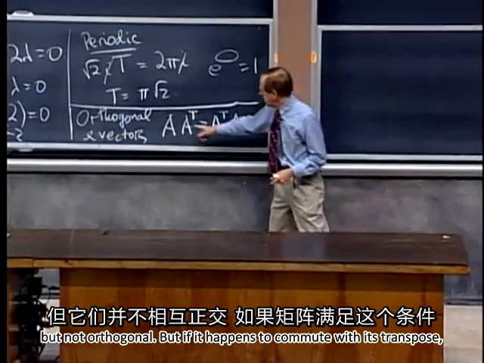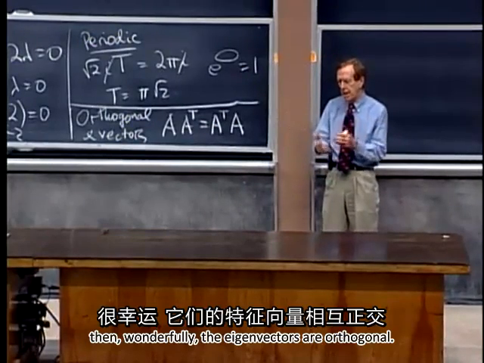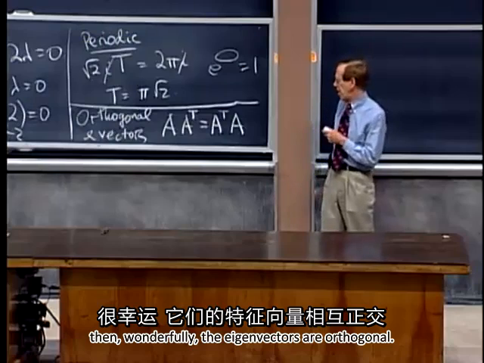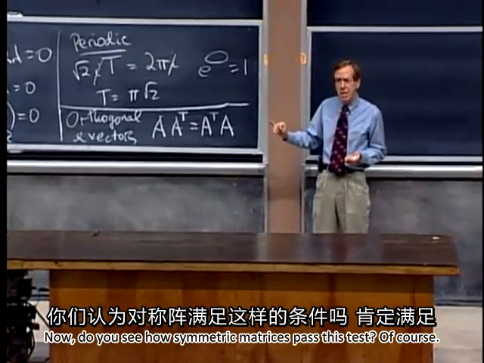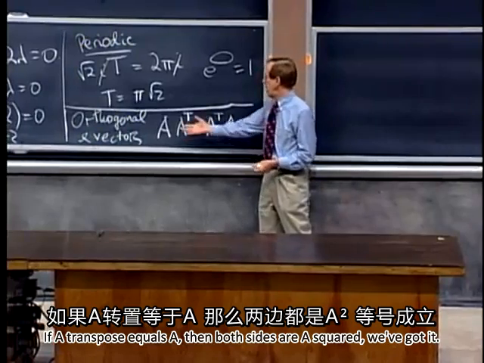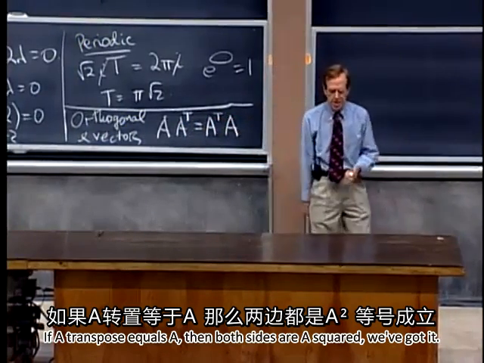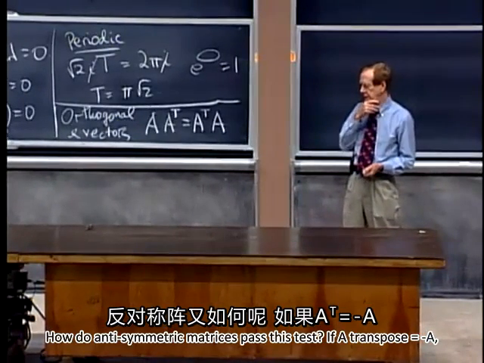But if it happens to commute with its transpose, then wonderfully the eigenvectors are orthogonal. Now, do you see how symmetric matrices pass this test? Of course. If A transpose equals A, then both sides are A squared. We've got it. How do antisymmetric matrices pass this test?